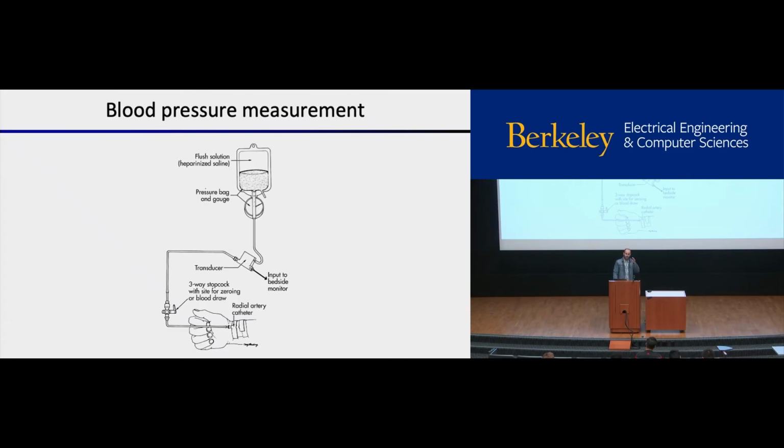Here's a really low-level example for blood pressure measurement of why it can be so helpful to have some understanding of what's causing the measurement, to get a better understanding of what's going on. If you go to get your blood pressure checked, they'll put a cuff on your arm.